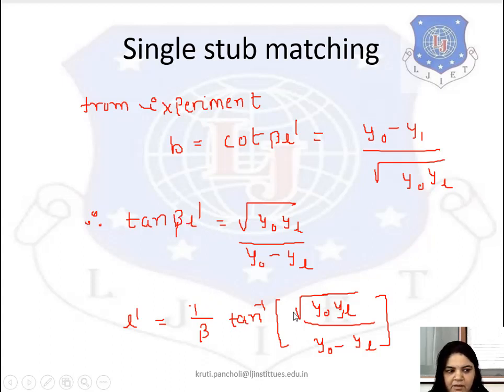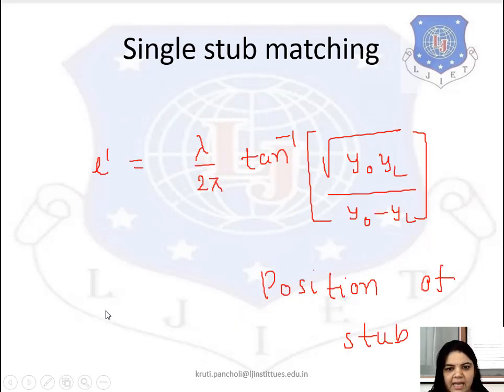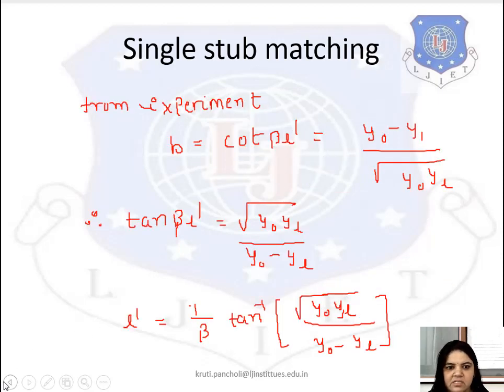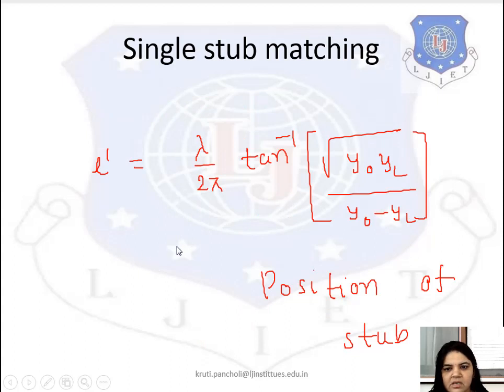But we know that β is equal to 2π/λ. So putting β equal to 2π/λ in this equation, we get L' is equal to λ/2π tan inverse of √(Y0 YL)/(Y0 - YL). So this gives us the length of the stub.